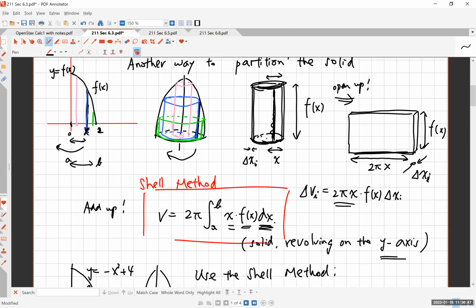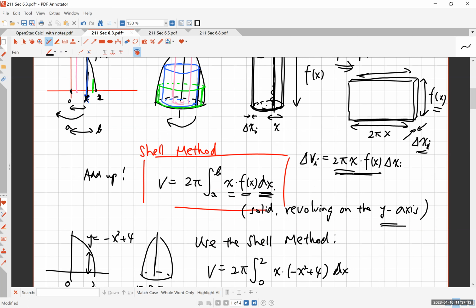Just make a cut here and open this up to make it into a flat sheet whose thickness is delta x i, but then the height, the length of the shell, is f of x, and then the circumference, which becomes the horizontal length of this piece, is 2 pi times x, because it's 2 pi times the radius. Okay, so this is what you're trying to integrate, 2 pi x times f of x.